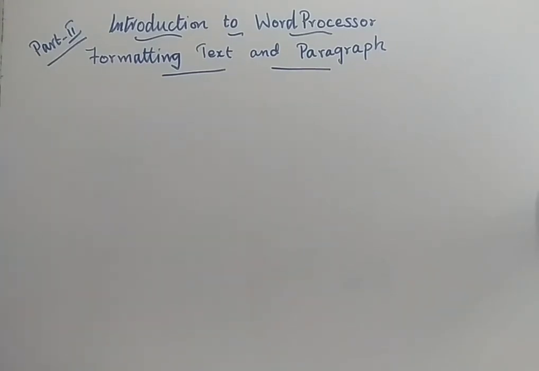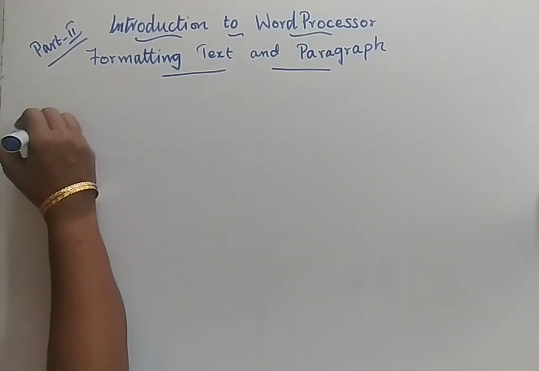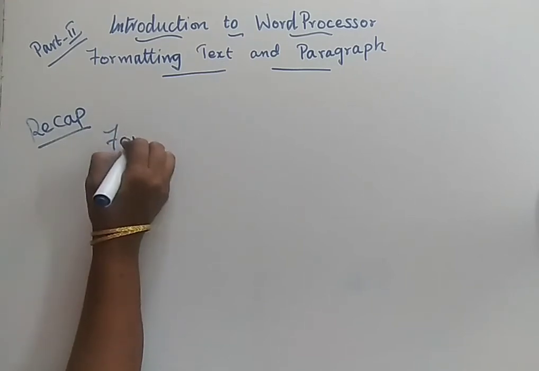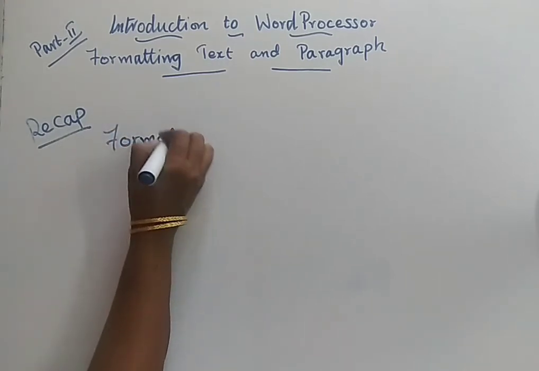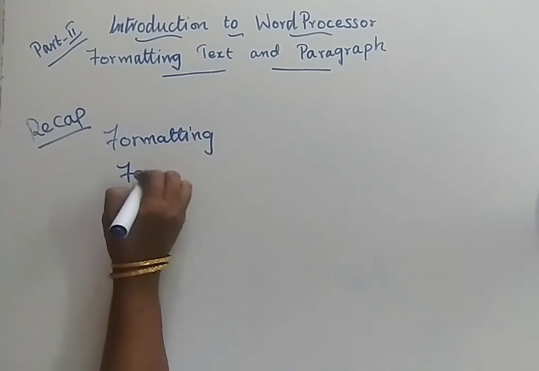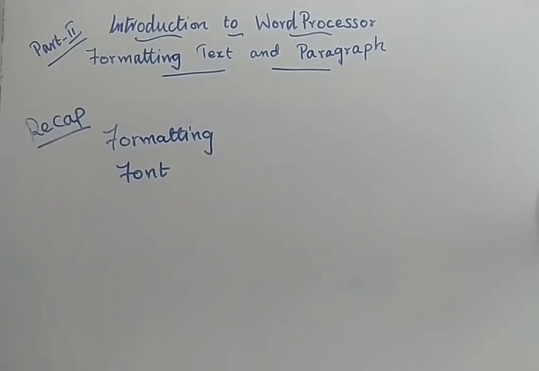So by now, what have we discussed? We have discussed the introduction, what formatting is, then what font is, and the text formatting shortcuts. So what else have we discussed today? Yes, the definition of formatting. Next, the definition of font.